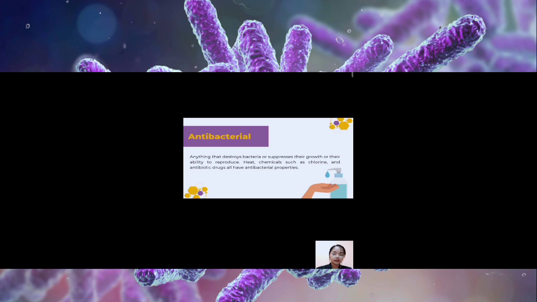Okay, so let's go now to antibacterial. Anything that destroys bacteria or suppresses their growth or their ability to reproduce. Heat, chemicals such as chlorine, and antibiotic drugs all have antibacterial properties. Many antibacterial products for cleaning and hand washing are sold today, especially now with COVID-19, right?